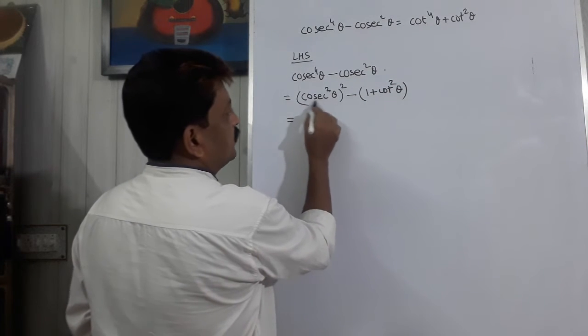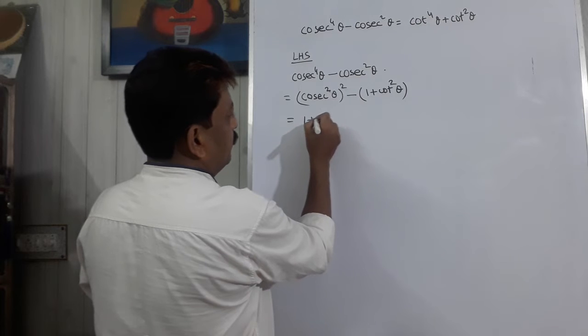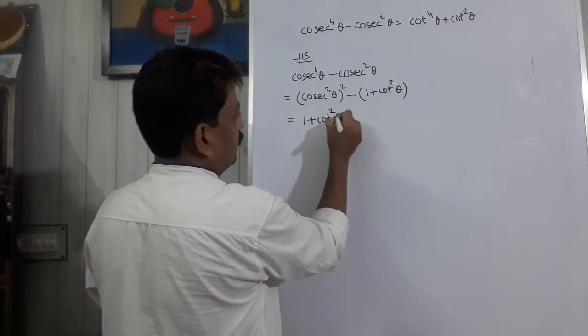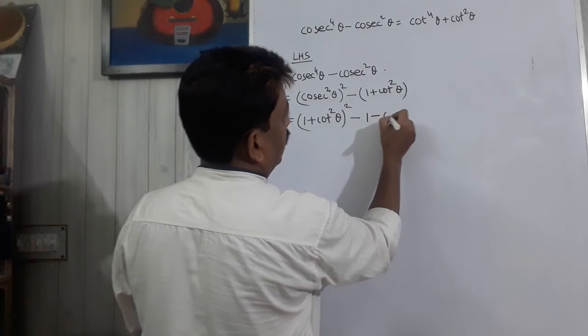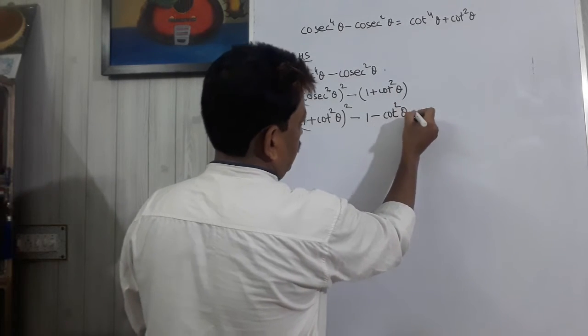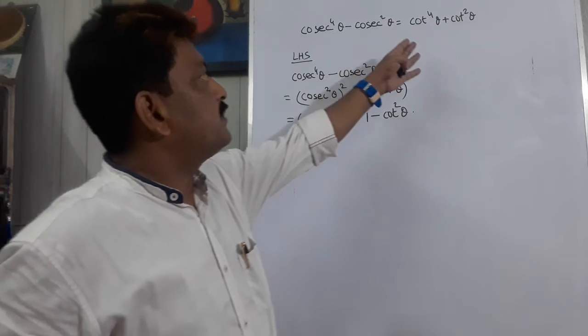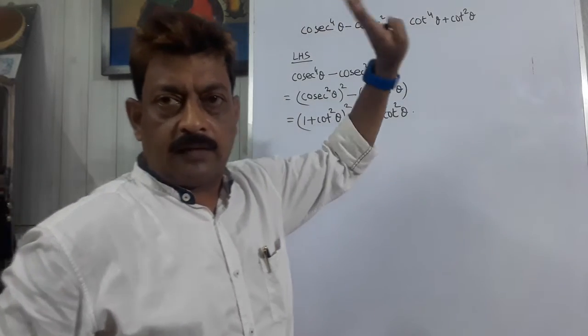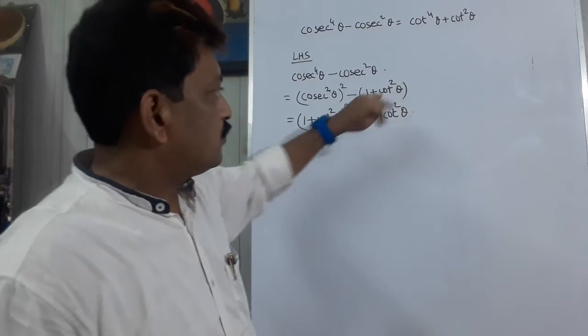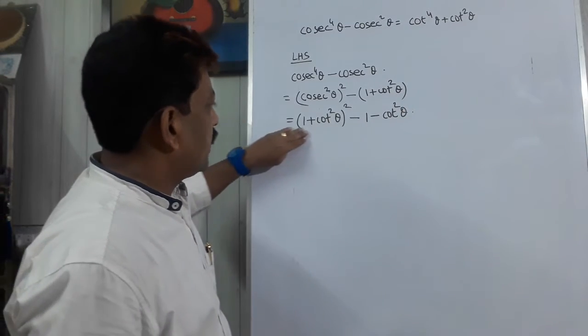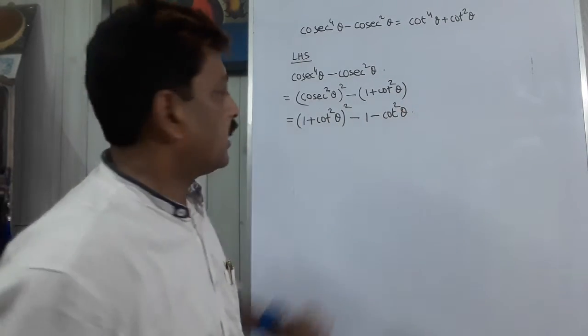Here also I am changing cosec square theta into 1 plus cot square theta whole square minus 1 minus cot square theta, because the right hand side contains only cot theta, that is cot to the power 4 theta plus cot square theta. So all the things I have converted in terms of cot theta.